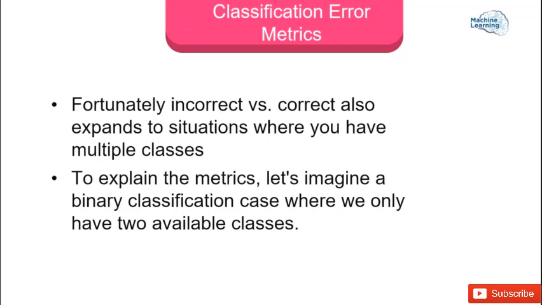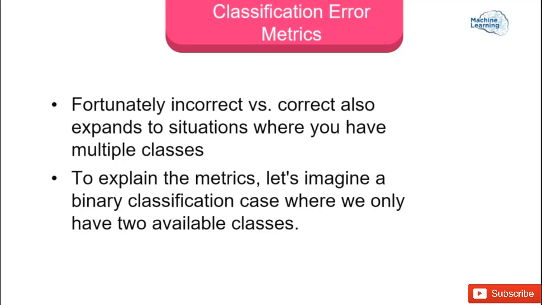Fortunately, incorrect versus correct also expands to situations where you have multiple classes, such as trying to predict categories of more than two. For example, you have categories A, B, C, D. Well, you may be correct in guessing the correct category or wrong in guessing the correct category, right? All right, so let's continue on with the metrics.